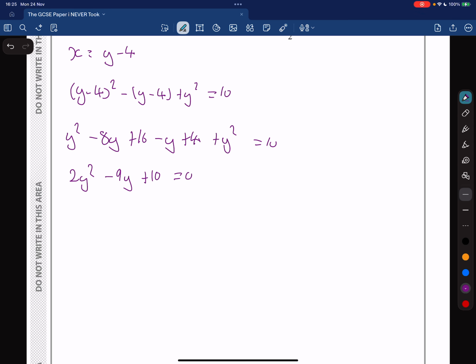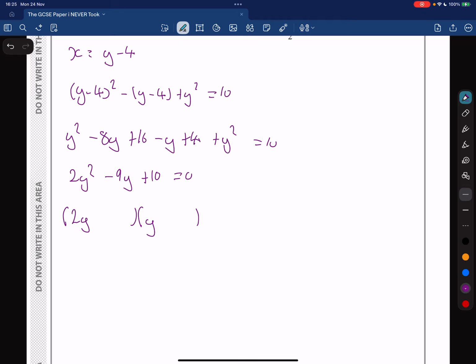Then what we can do is we can try and factorise this, or we can just use the quadratic formula. I'm going to try factorise it. 2y, y. Okay, so we know it needs to multiply to make 10, so that's 5 and 2, 10 and 1.